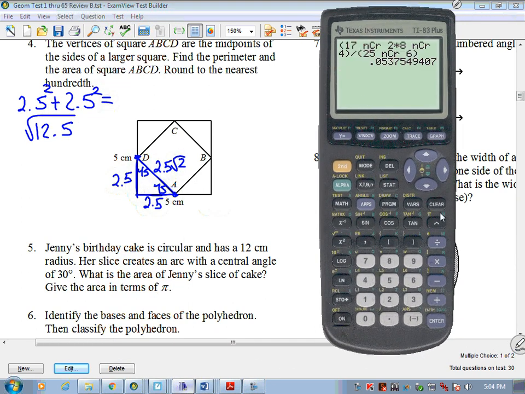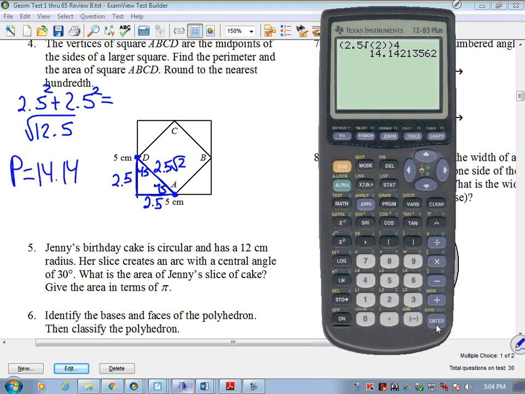and I clear some things out, I got 2.5 square root of 2 times 4 will give me my perimeter. Okay, so 14.14. So P equals 14.14.